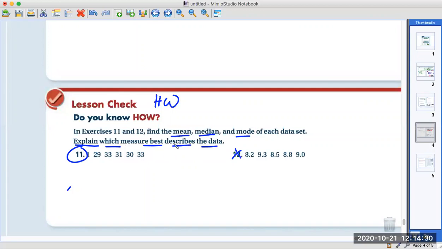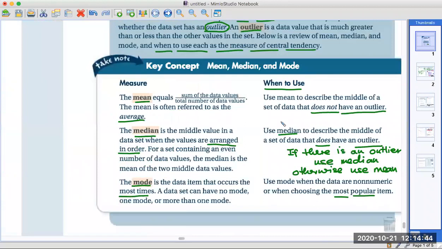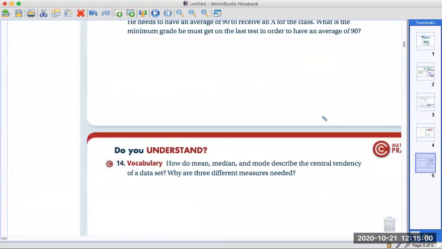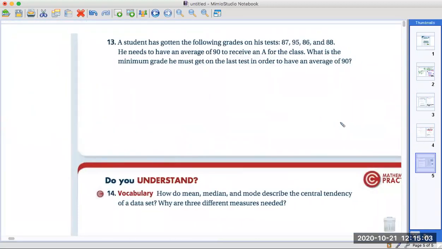So the average would describe it best. So whenever they ask explain which describes best, you're looking for outliers. And then you go back to page 1 where we started, and it tells you right here in the key concept which one to use. If there is an outlier, use the median, otherwise use the mean. So that's that. Did we finish that page? Yep.